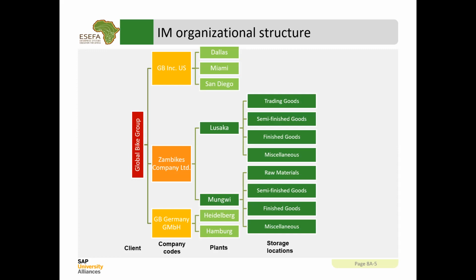So we have a large stock of raw materials as against finished product, while Lusaka would have a large warehouse that would deal with semi-finished product, trading goods, and all that. Remember again, Mungwi doesn't have trading goods. So these are how the dimensions of your inventory can affect the plant and the operations of the organization.